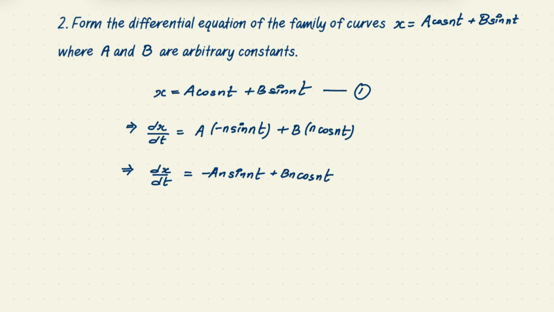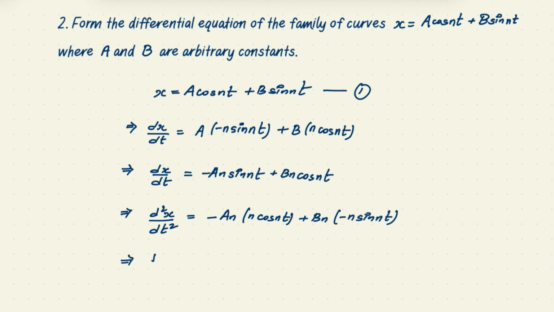Now again differentiating both sides with respect to t, we will have d2x over dt2 equals minus a, n is constant, d/dt of sin nt is n cos nt, plus b, n is constant, d/dt of cos nt is minus n sin nt.